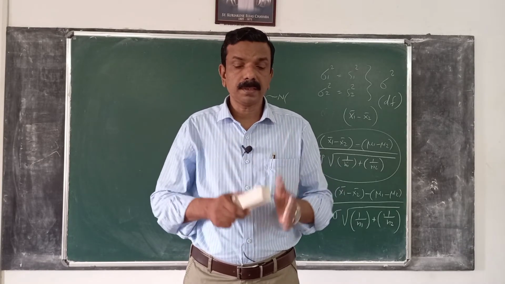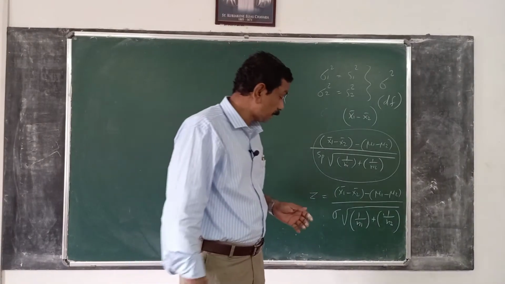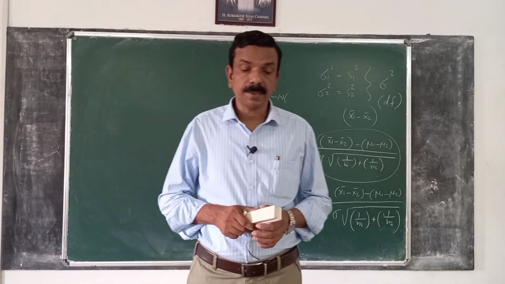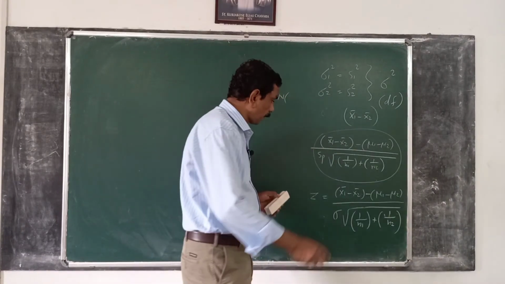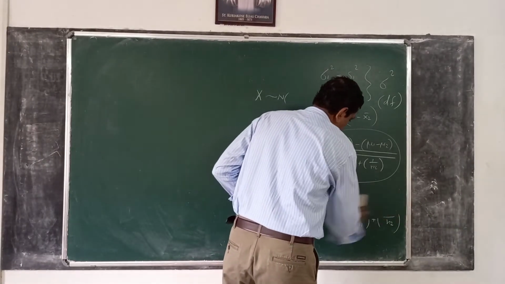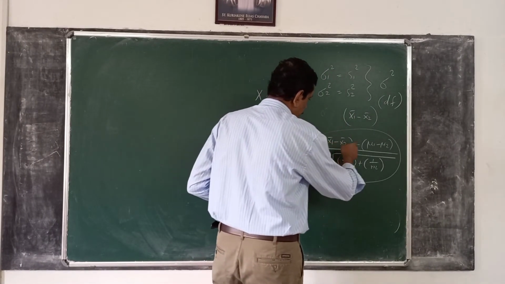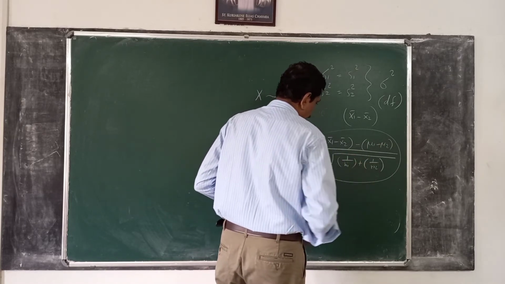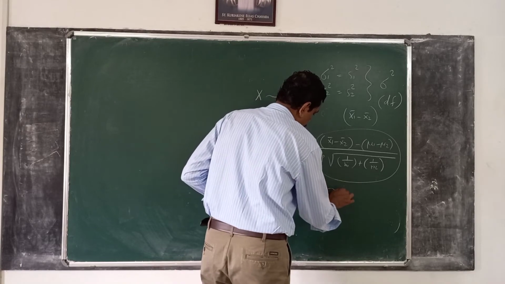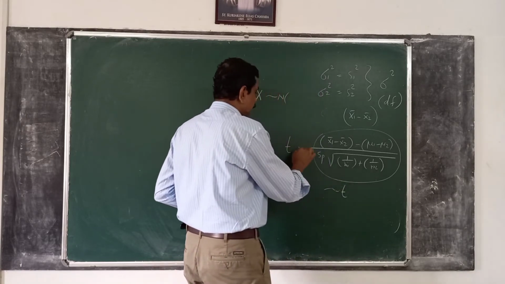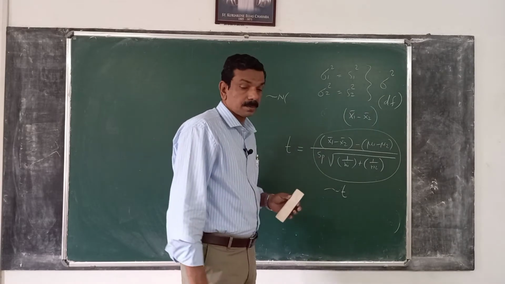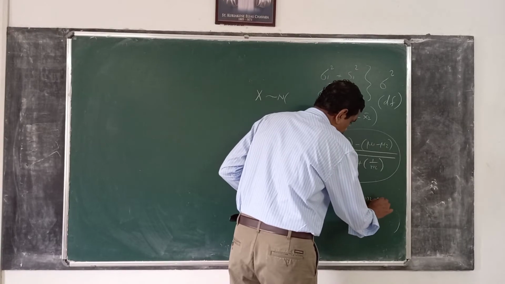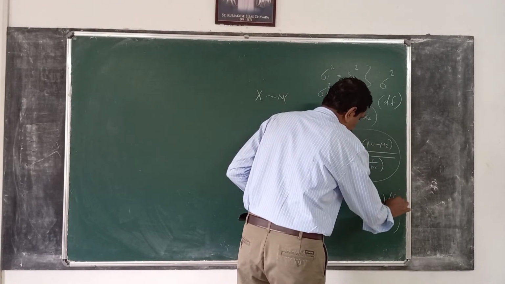Then for independent samples of size n1 and n2 from these populations, the variable x bar 1 minus x bar 2 minus (mu 1 minus mu 2) divided by SP into root of 1 by n1 plus 1 by n2 follows a T distribution. This quantity has a T distribution with n1 plus n2 minus 2 degrees of freedom.